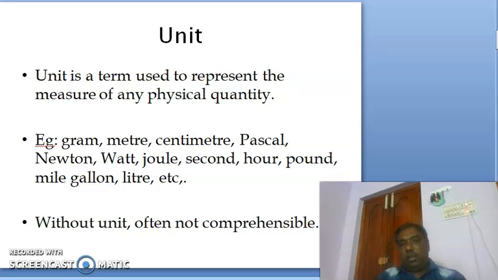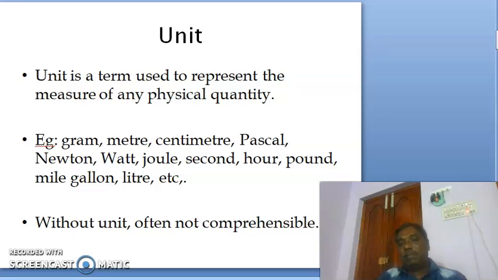Unit is a term used to represent the measure of any physical quantity. More than the definition, you better understand unit through the examples.